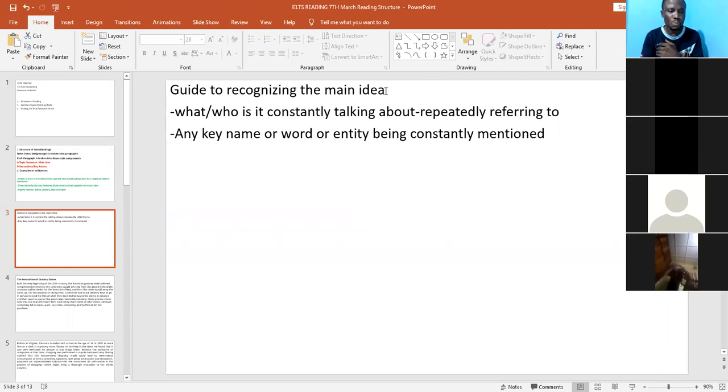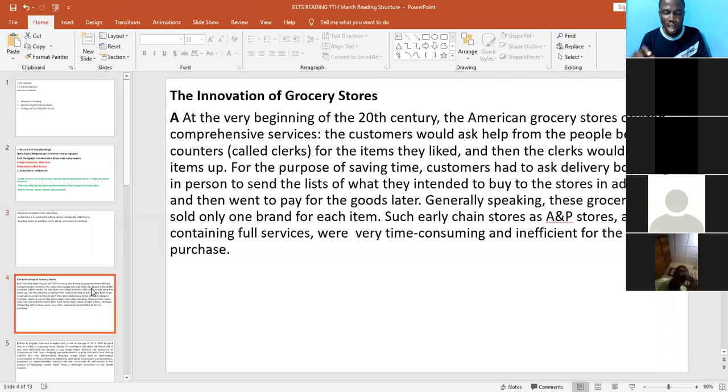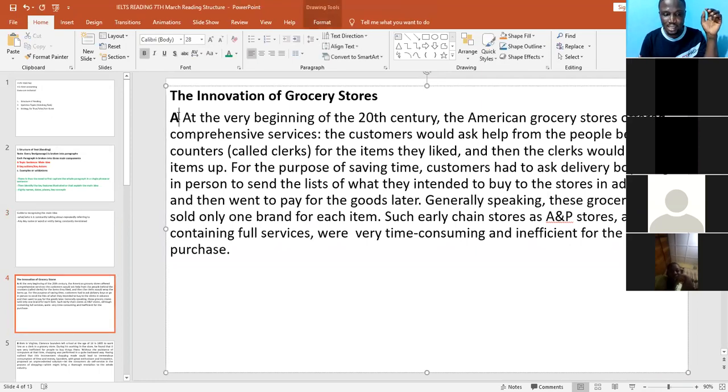So I'm going to put forward a passage now. I will go a bit slowly because I don't know how fast the slide is transitioning at your end. This is a paragraph in a passage, and this is a matching task, but for now, forget about the matching task.